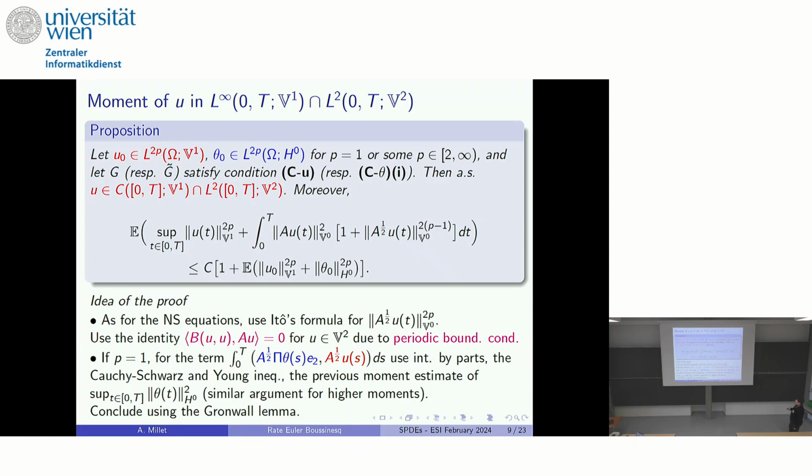And because of the regularizing effect of the Stokes operator, you can get rid of that using Cauchy-Schwarz and Young's inequality with a small multiple of the L2 norm of Au(s) and a large multiple of the other term. And since you know that uniformly in time your temperature in L2 is bounded, that's fine. And then you just compute using Gronwall's lemma. So that's why you can have different kinds of assumptions on both sides. And it's absolutely crucial here to get rid of the bilinear term.